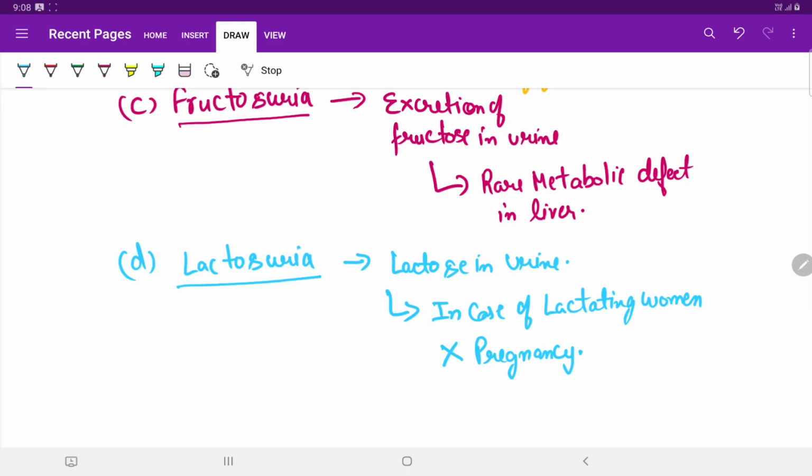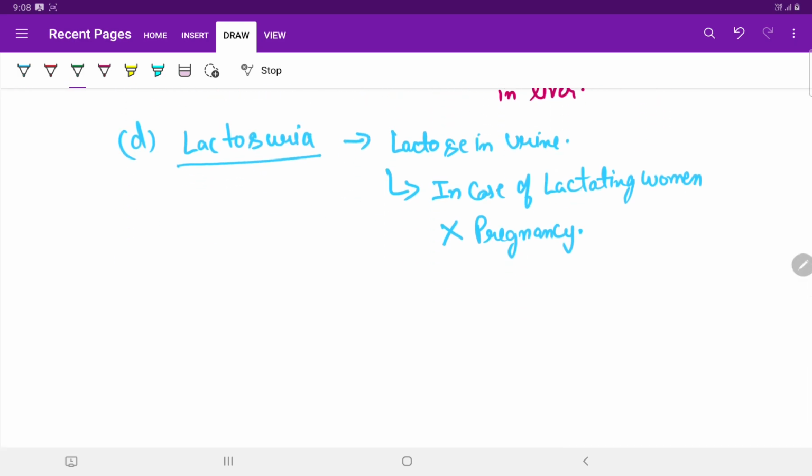The last one is galactosuria, or simply the presence of galactose.